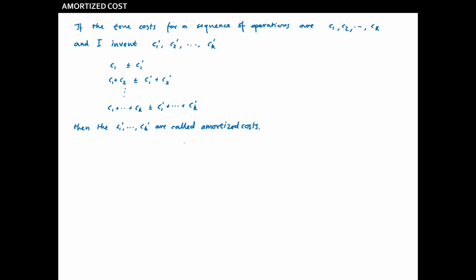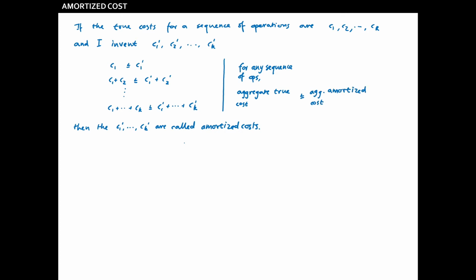Let's just rewrite it in more intuitive language. What this collection of equations really says is that for any sequence of operations, the aggregate true cost, simply the sum of C1 up to CK, is less than or equal to the aggregate amortized cost.